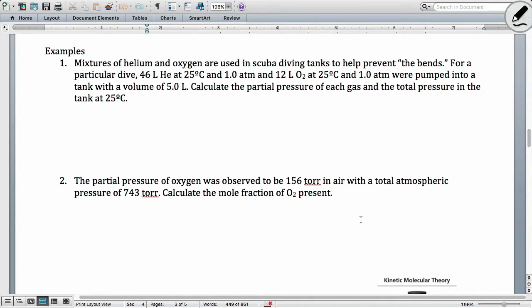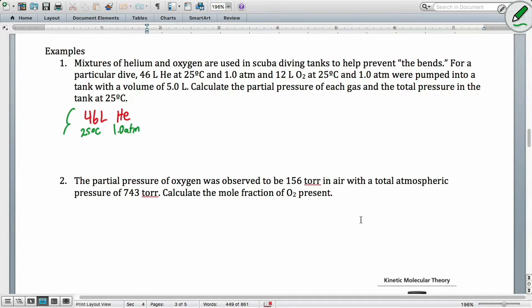Okay, so mixtures of helium and oxygen are used in scuba diving tanks to help prevent the bends. The bends is how scuba divers get sick if they raise up too fast. For a particular dive, 46 liters of helium at 25 degrees Celsius and 1.0 atmospheres.